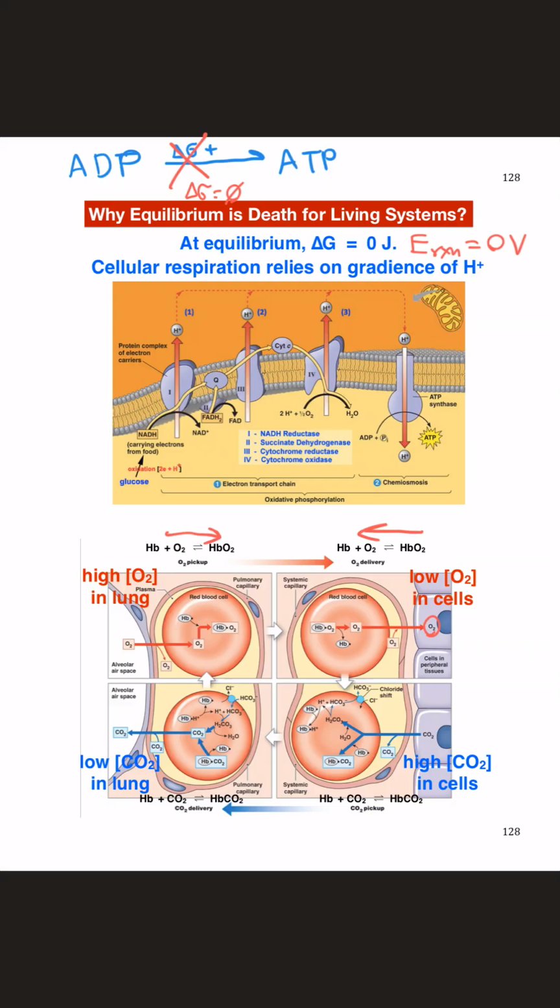So as hemoglobin reacts with carbon dioxide, this reaction would be shifting toward the product. And the hemoglobin carbon dioxide complex within the red blood cell then will be carried to the lung again.